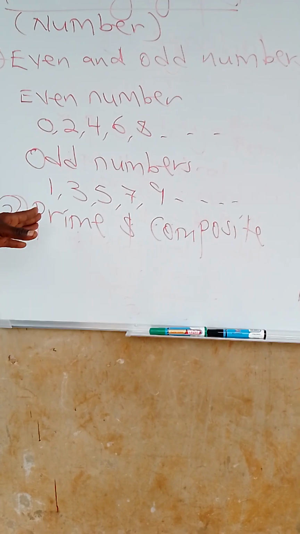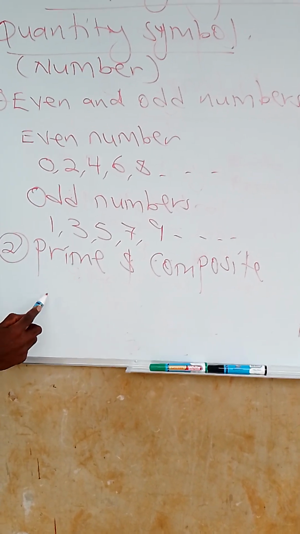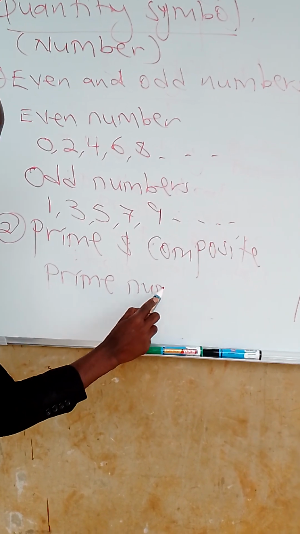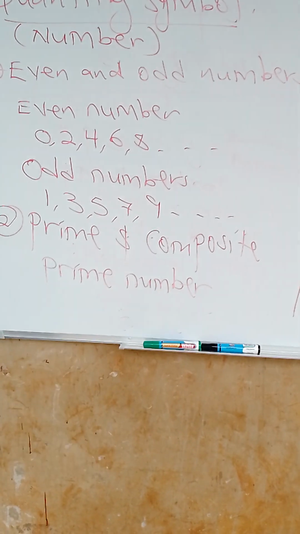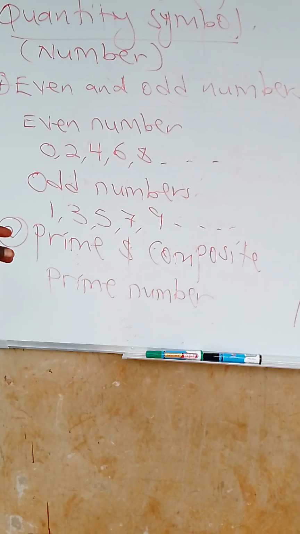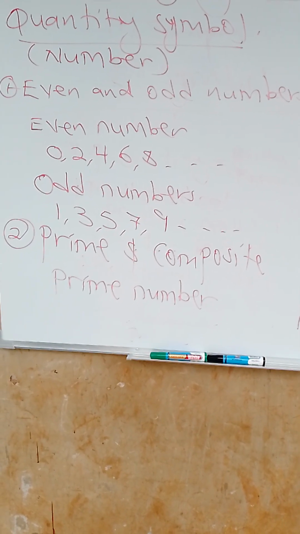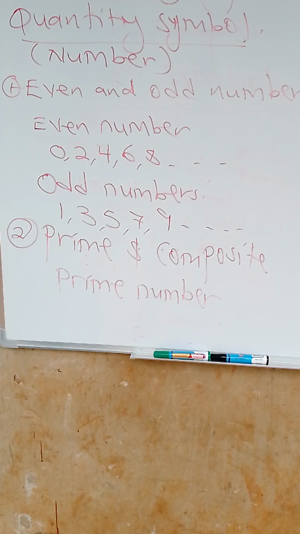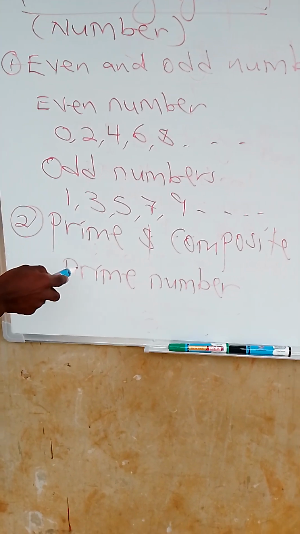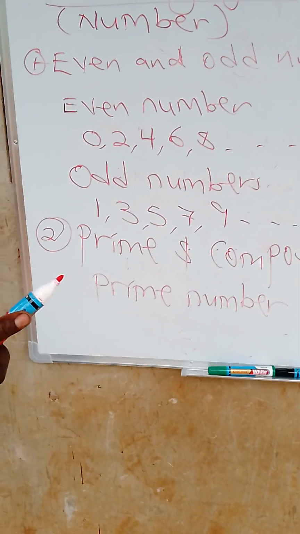In simple terms, a prime number cannot be divided by any other factor apart from 1 and itself. The only numbers that divide a prime number are 1 and itself.